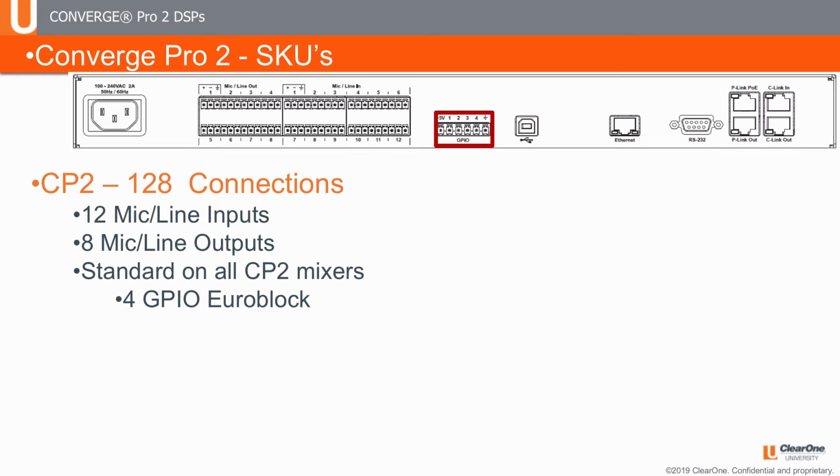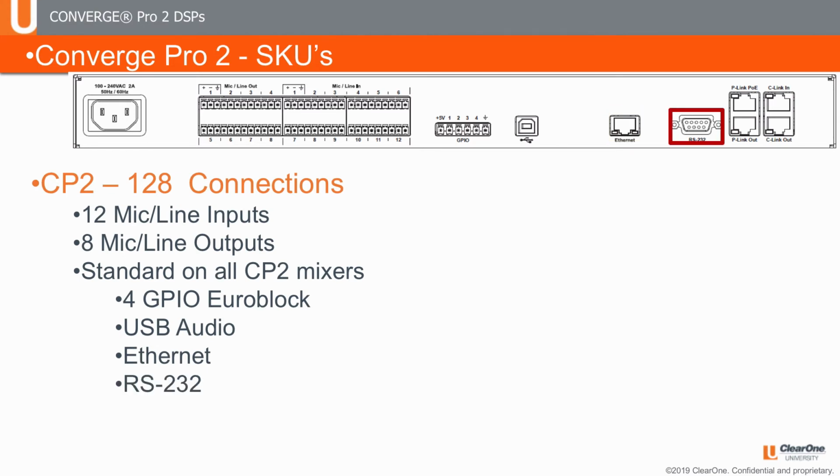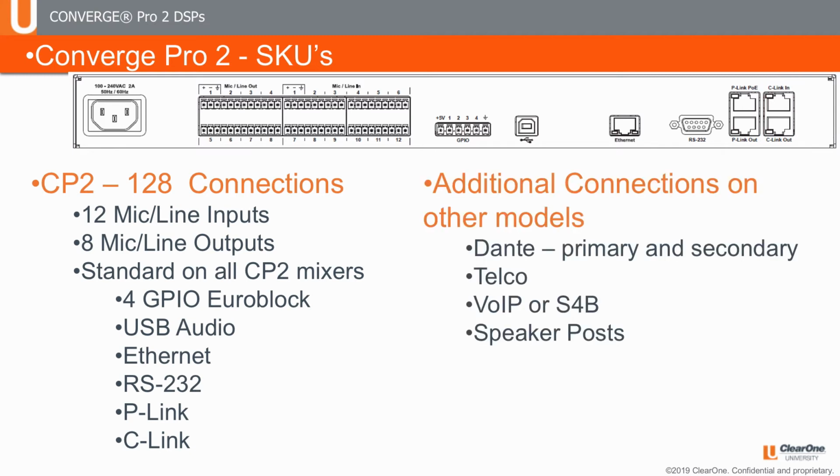Connections that are standard on all the mixers include 4 GPIOs, general purpose input-outputs, 1 USB Type-B connection, which is 2-channel bidirectional 24-bit 48K audio, 1 Ethernet port, 1 DB9 for RS-232 for control purposes such as third parties like Crestron or AMX, P-Link in and out ports, and C-Link in and out ports. Additional models add Dante, primary and secondary connections, Telco, VoIP or Skype for Business, and speaker binding post.